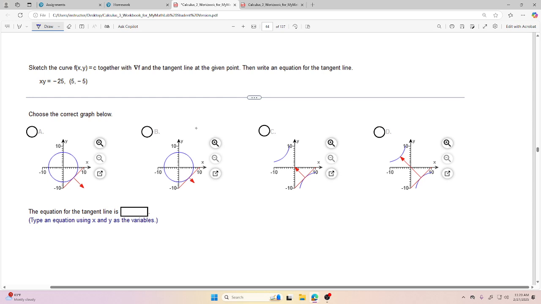It says the equation of the tangent line. There is a formula which we've already done: dy/dx is negative f sub x over f sub y, as long as your capital F is equal to 0. That's like a given. So I want to find what my capital F would be. Take a guess.